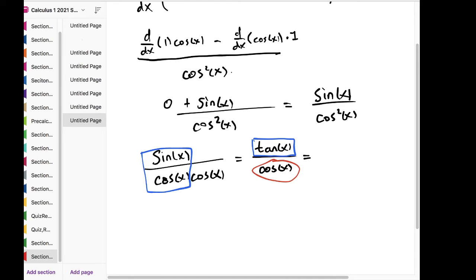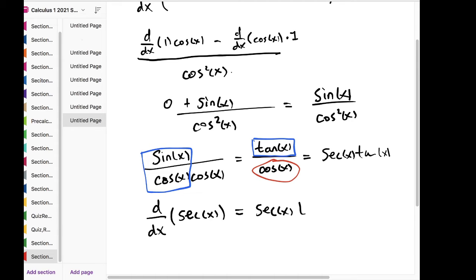Yeah, so it's secant tangent. So the derivative of secant is equal to secant times tangent.